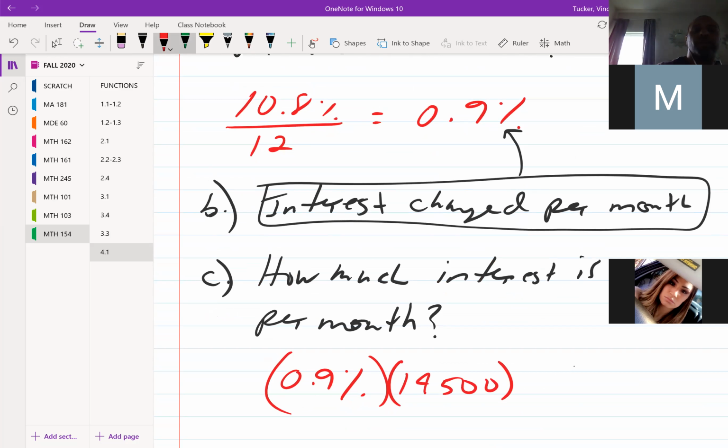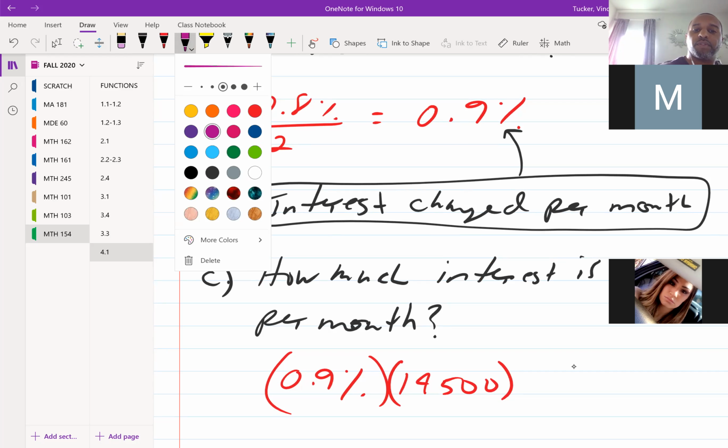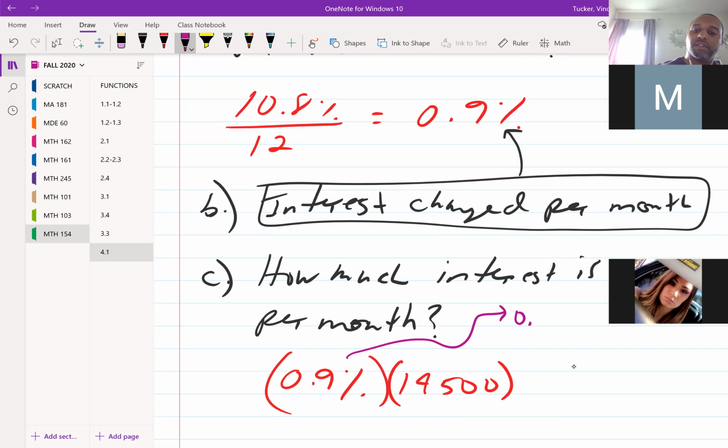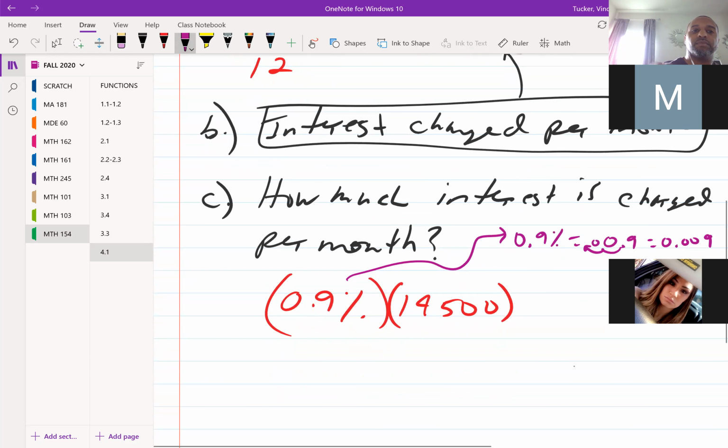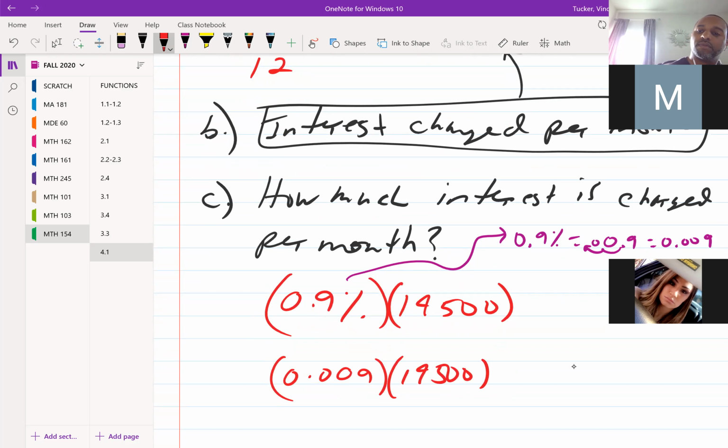And if you're going to multiply with a percentage, don't forget, convert it to a decimal. That means you'll move your decimal 2 places to the left in order to do so. So as a decimal, 0.9% is 0.009. Question, or we can do 0.9% divided by 100?